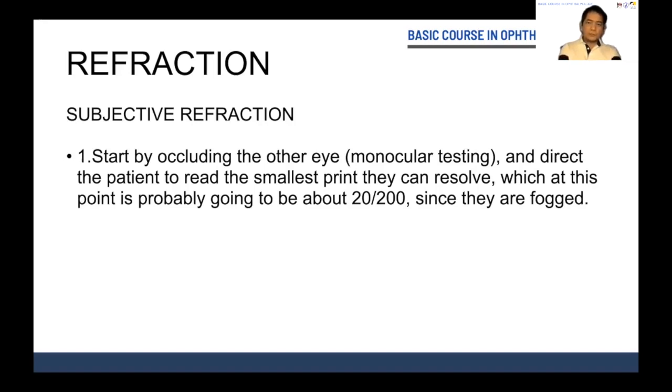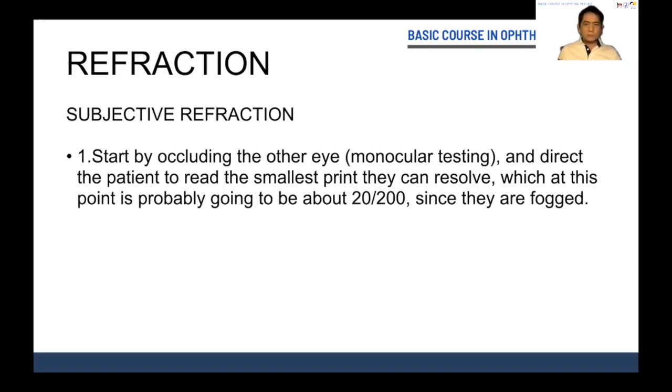So this is monocular testing. At first, you direct the patient to read the smallest print, and then from the smallest print, you start applying a plus lens to blur the vision of the patient up to the level of 20 over 200.